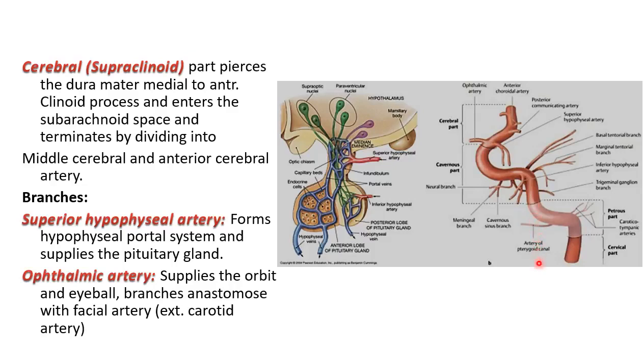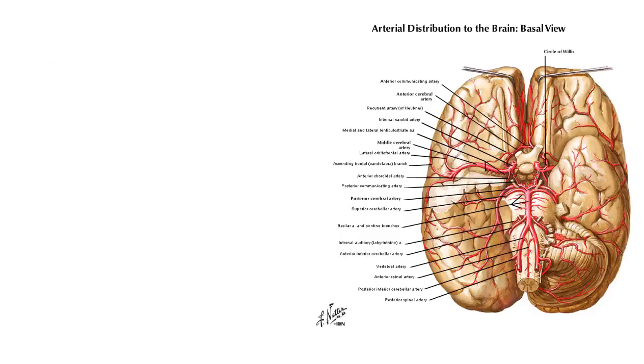So here you're able to see the artery to pterygoid canal and caroticotympanic arteries, which are given by the petrous part. Then it also gives ganglionic branches to the trigeminal ganglion and some meningeal branches also. Let us not go much into those details, because we are concentrating mainly on the cerebral part.